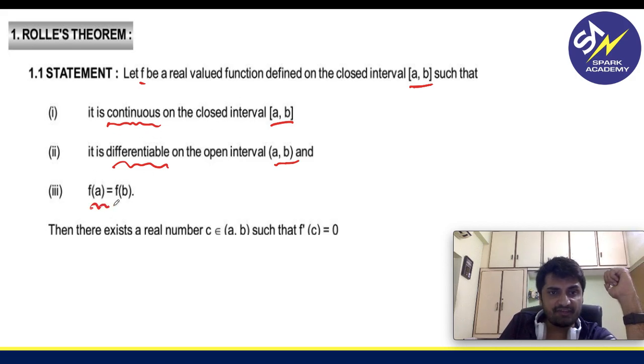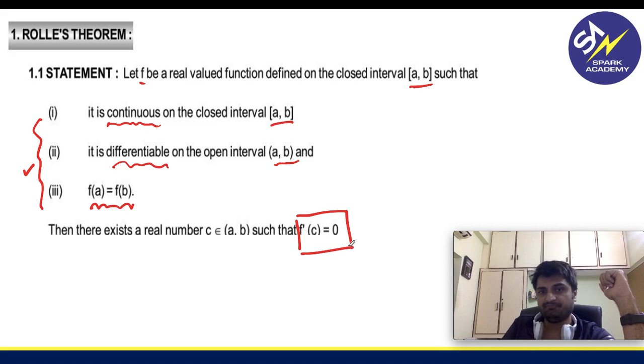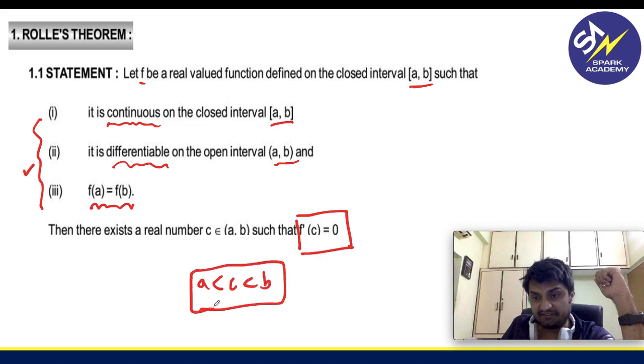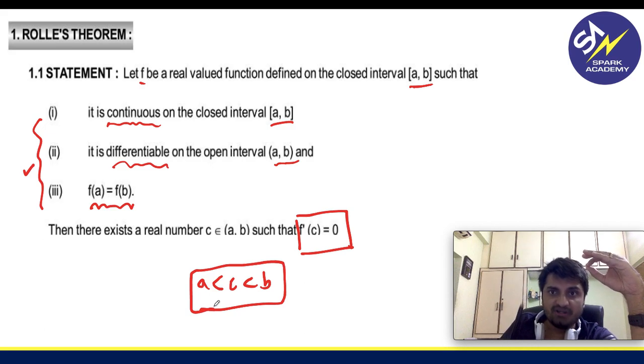Also, if f(a) equals f(b), that means what? If these three conditions are satisfied, then basically f'(c) will be 0. But one thing you have to remember, that c will always lie between a and b here. Right? So this is called Rolle's Theorem.